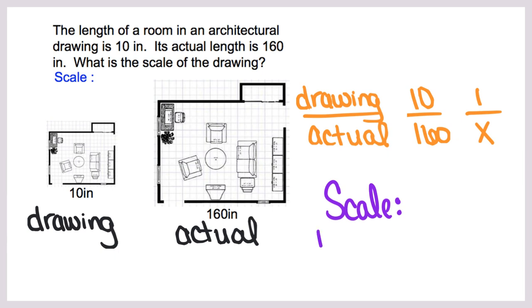So my scale would be 1 inch equals 16 inches. So it's 160 divided by 10. Ultimately, yes. The actual divided by the model or the drawing is going to get us that. We're really looking for a unit rate. Your scale is a unit rate.